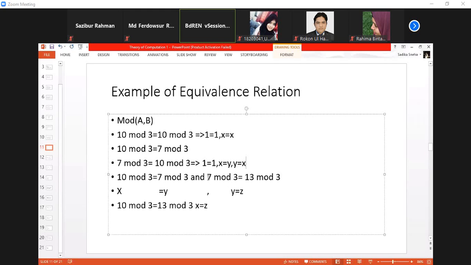We have just changed the first value here. So x is equal to y and y is equal to z will imply that x is also equal to z. That means 10 mod 3 is equal to 13 mod 3.